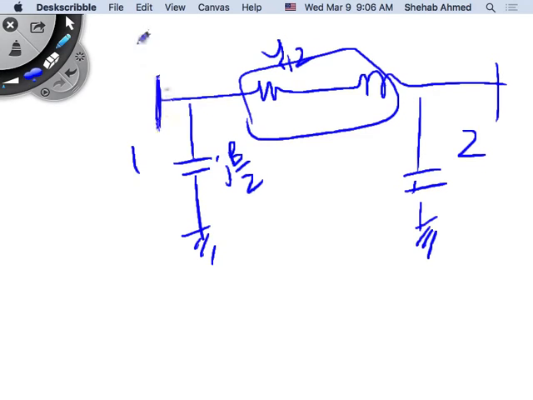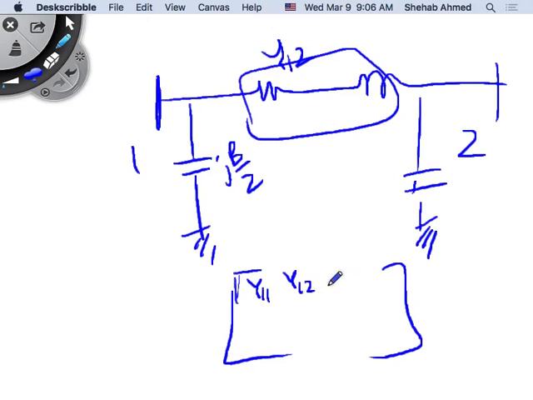So if you look, this is your admittance matrix. This is Y11, Y12, blah, blah, blah, and Y22, Y33. And this is symmetric, so Y21 is equal to Y12, etc. This is the admittance matrix, right? The structure of the admittance matrix depends on the number of nodes that you have.